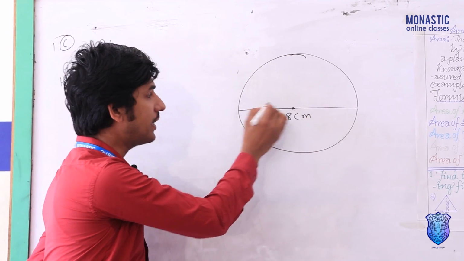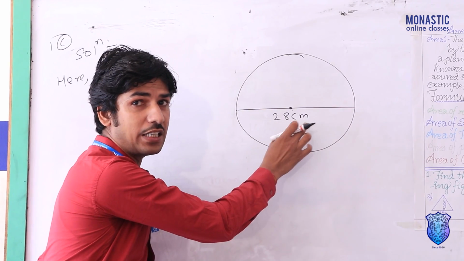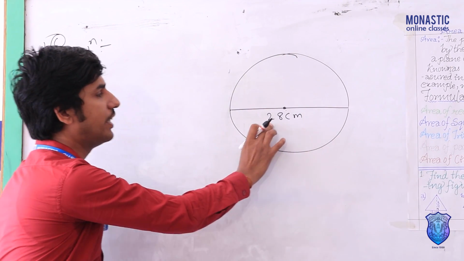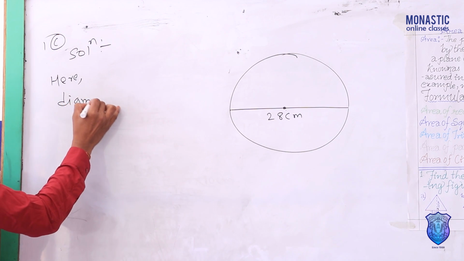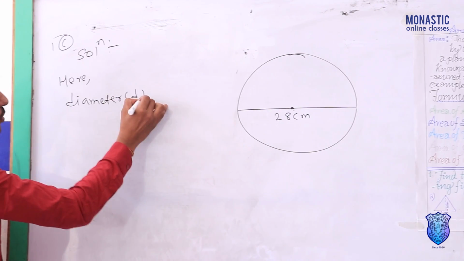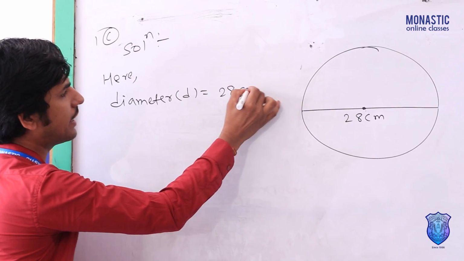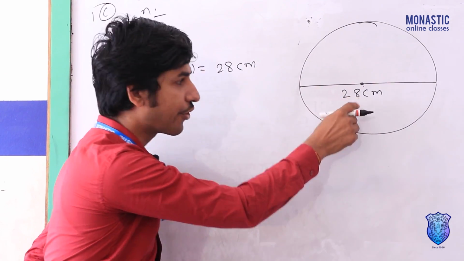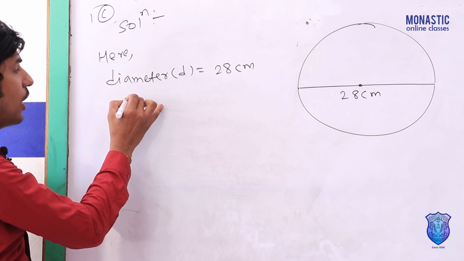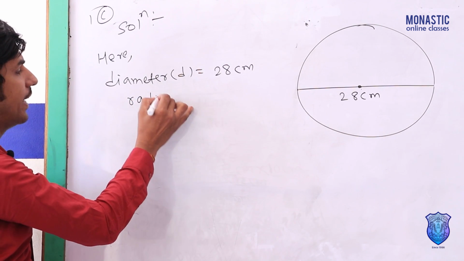When it passes through the center, it is the diameter. Take care: diameter D equals 28 centimeter. When the diameter is given, from this diameter we have to find the radius.